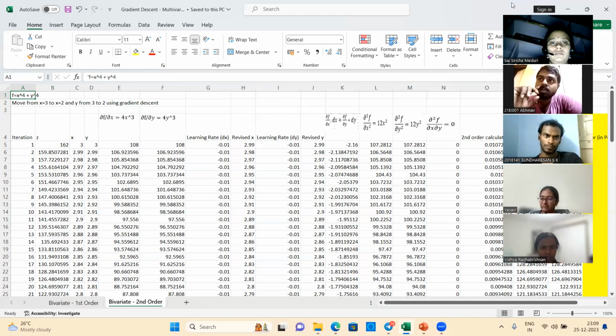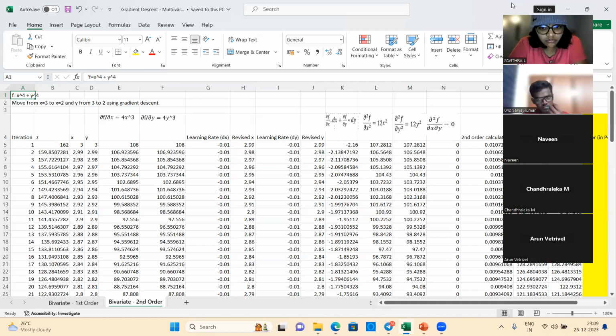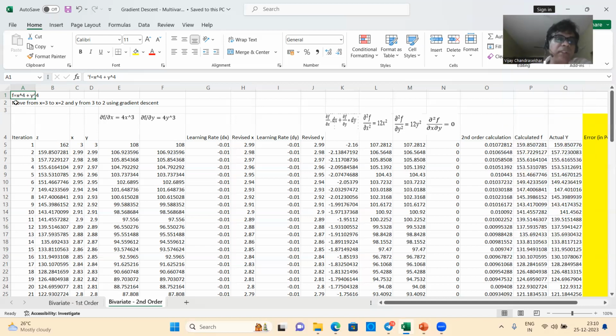Because if you take dou x dou y, dou f by dou y will be having in terms of y only. Again, if we take derivative with respect to x, then it is considered as a constant, so it's 0. That's right, correct. So she's right. So if you look at this, the first order derivative of dou f with respect to x has only x terms.